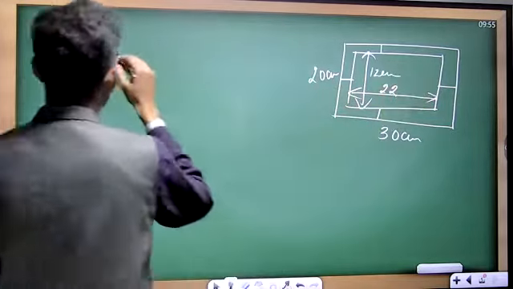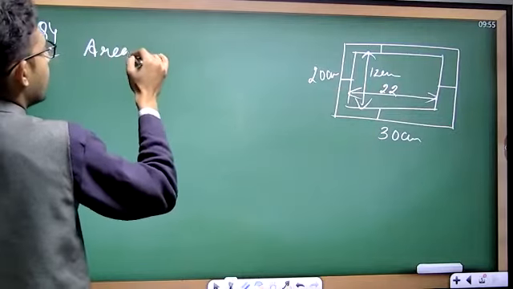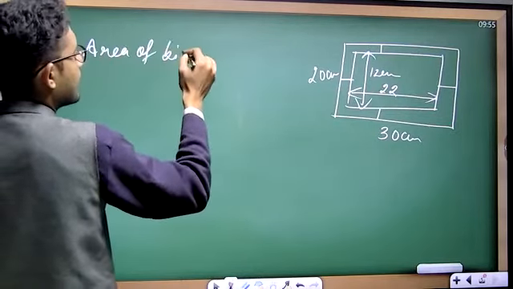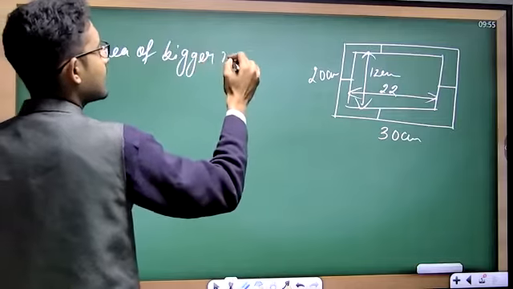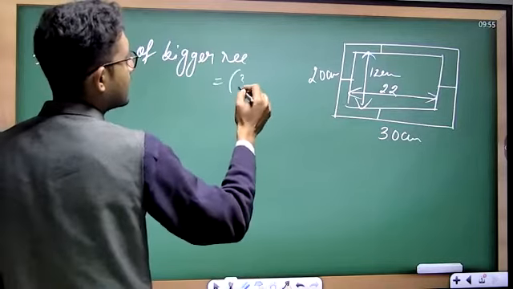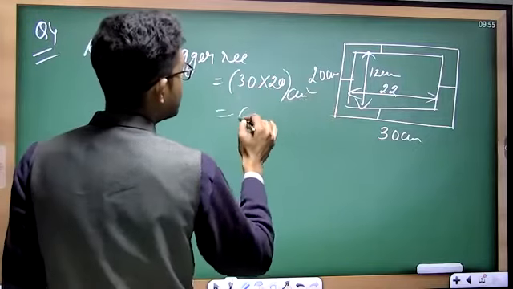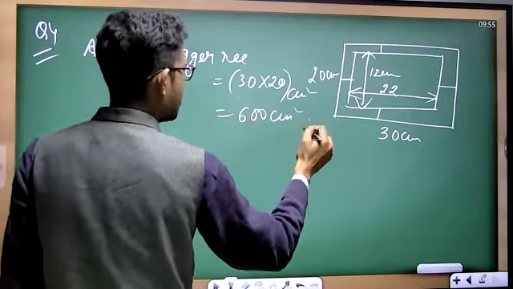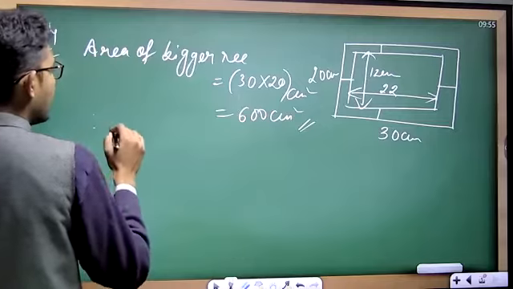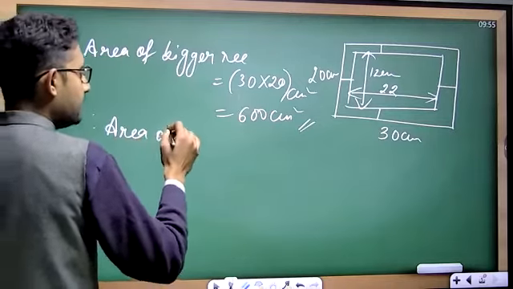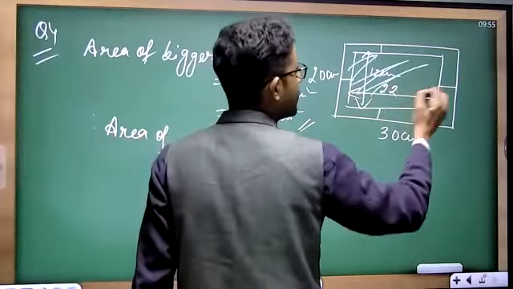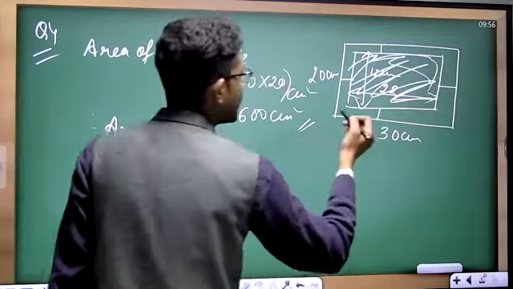So first of all find out the area of this bigger rectangle. Bigger rectangle we have to find. So 30 multiplied by 20 centimeter square, that is 600 centimeter square. Now find out the area of this remaining sheet, the smaller rectangle.